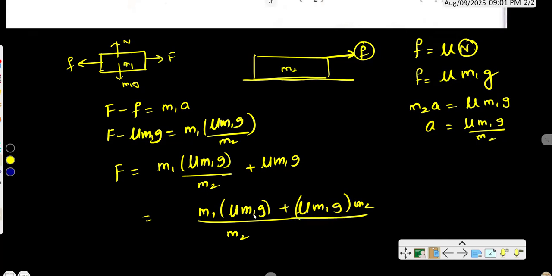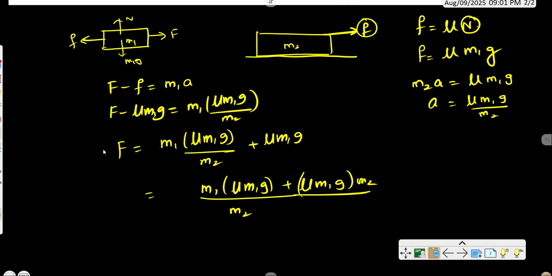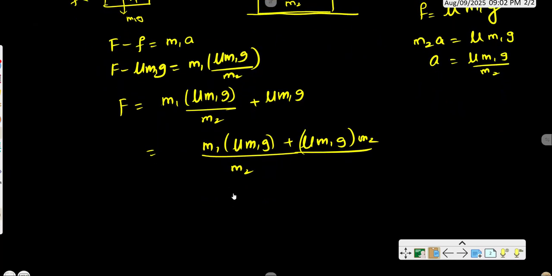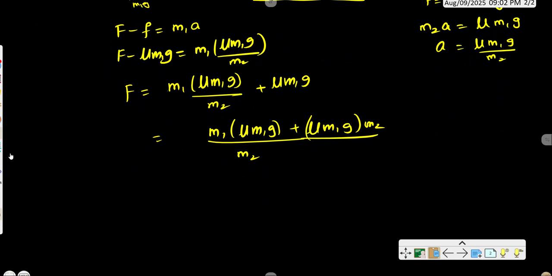Now let us take mu M1 g common. What will be left out? M1 plus M2 by M2.